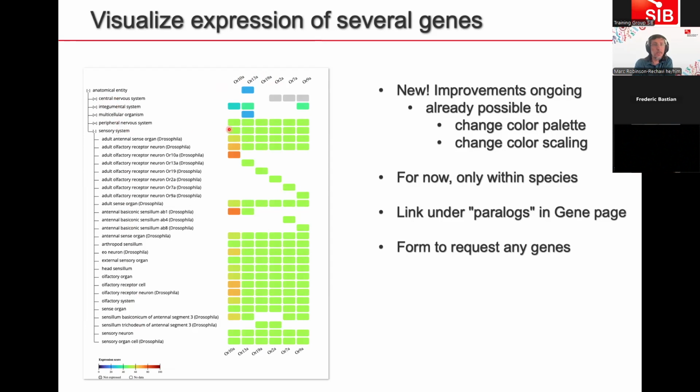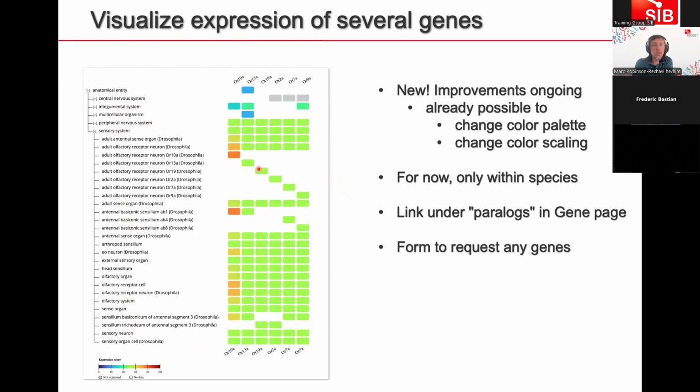By default, it's folded, and the color code corresponds to the level of expression, the score which Frédéric showed you. And we have also our present/absent code, which means that if it's absent, there is nothing. It's white. And gray means there is no data. So it's a difference between no data and there is data and we say it's absent.